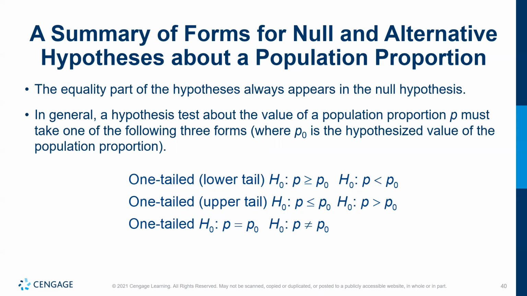So for a one-tailed lower tail test, our null is that it's greater than or equal to, and our alternative is that it is less than. On a one-tailed upper tail test, the null hypothesis will be less than or equal to, and the alternative would be that it is greater than. And then on a two-tailed test, it's equals to and not equals to.